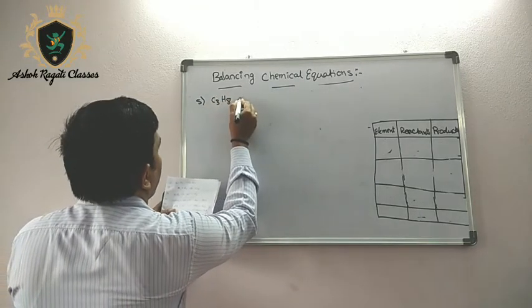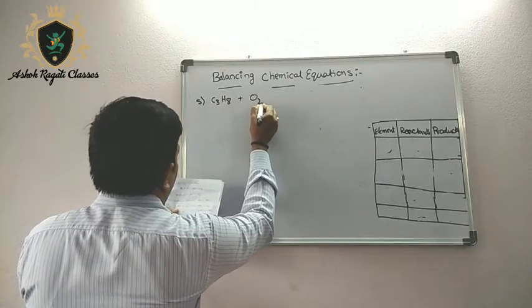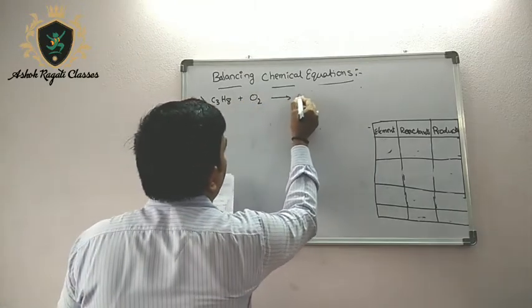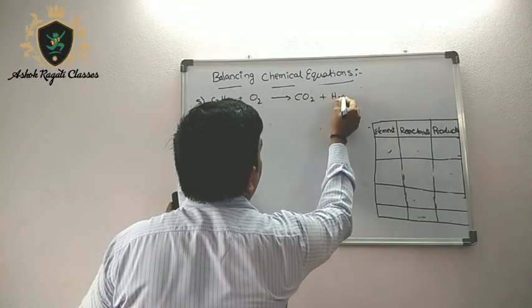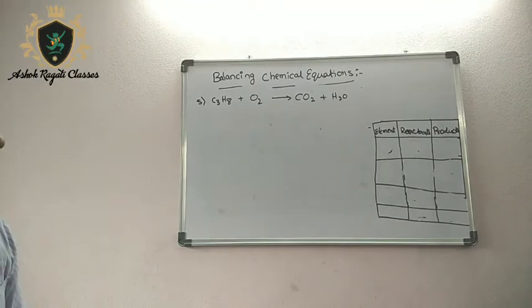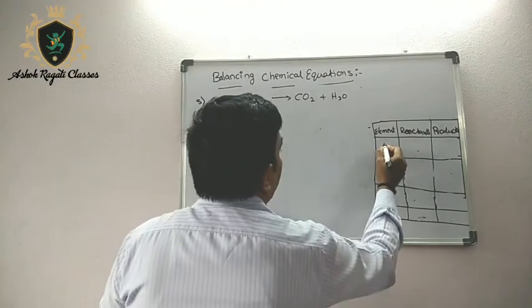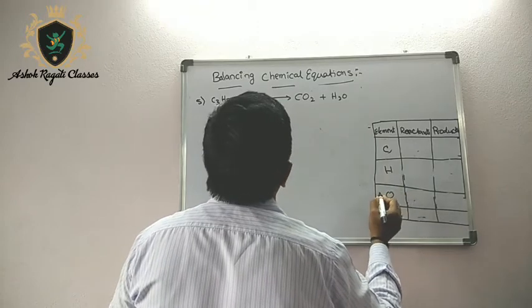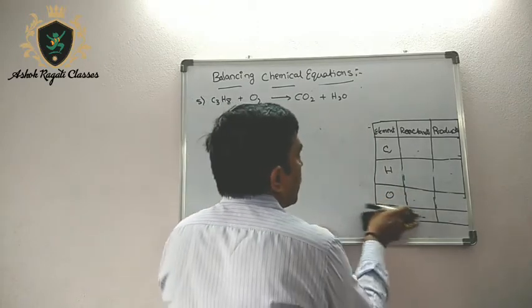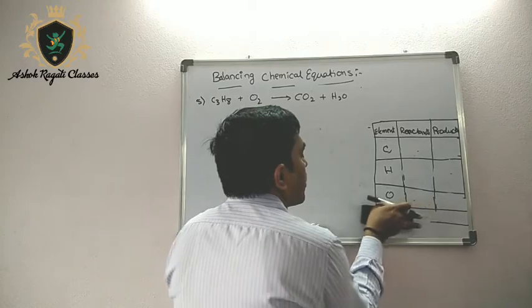C3H8 plus O2 gives rise to CO2 plus H2O. Now try to fill the table in order. Carbon, hydrogen, oxygen. 3 are there, so there is no need for the last column.